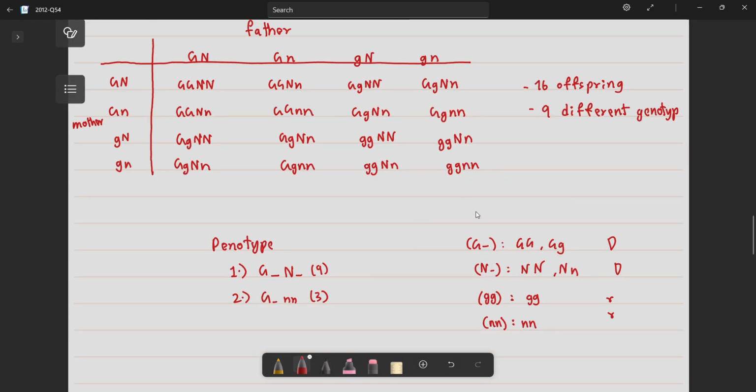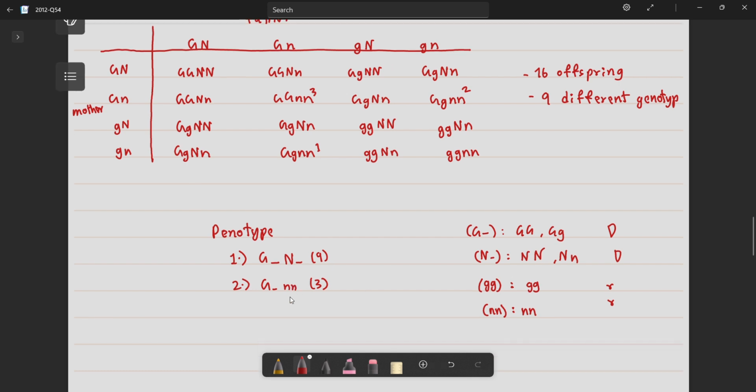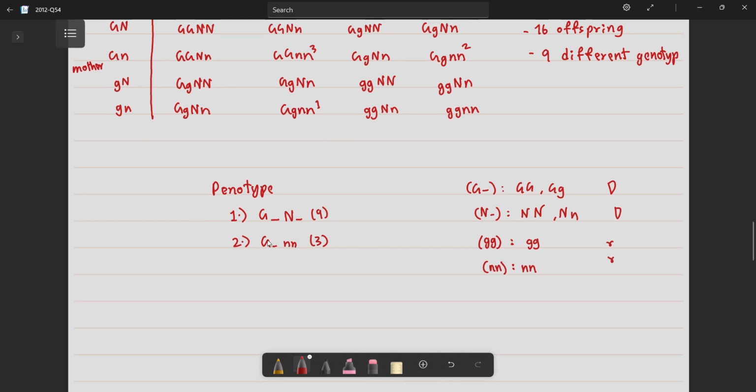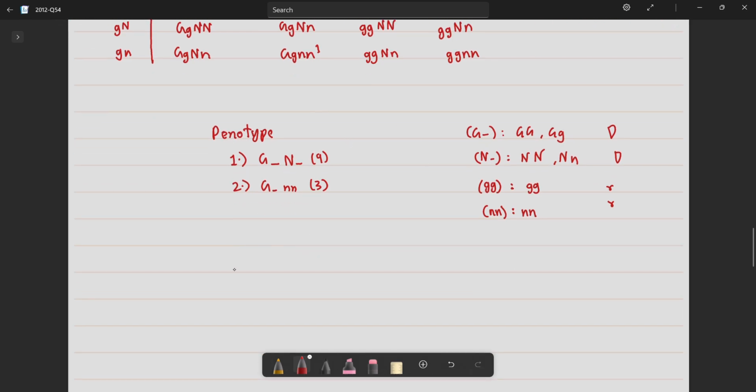Let's count, I'll show the example. Here is one, then I have the second one here, and the third one. These are the three, because there must be one dominant allele of the dominant gene and the other must be the recessive gene. So it's a two-gene crossbreed.